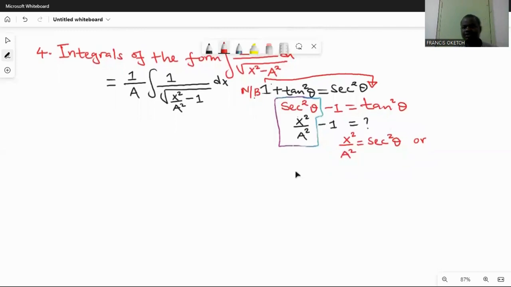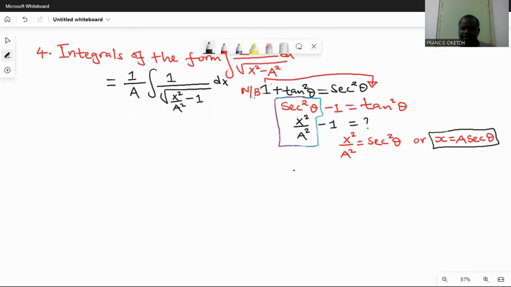I'll be able to get x is equal to a times sec theta. x is equal to a sec theta. So this is the substitution that you need to make. That is a trigonometric substitution.